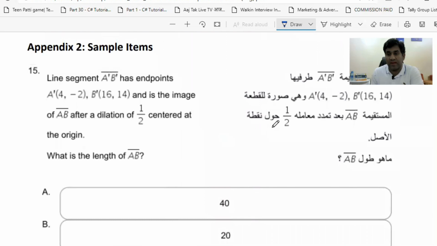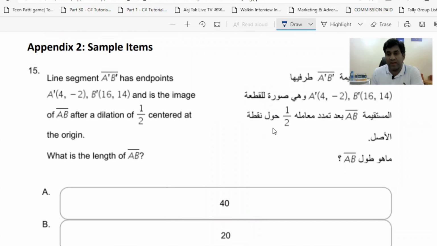Okay, question number 15 is again: a line segment A dash B dash has endpoints, that is, A dash has the endpoint 4 comma negative 2 and B dash has endpoint 16 comma 14, and is the image of line segment AB after a dilation of half centered at the origin. What is the length of AB?